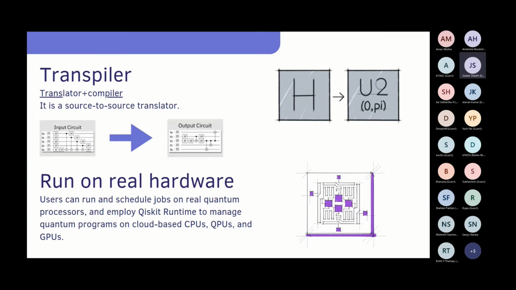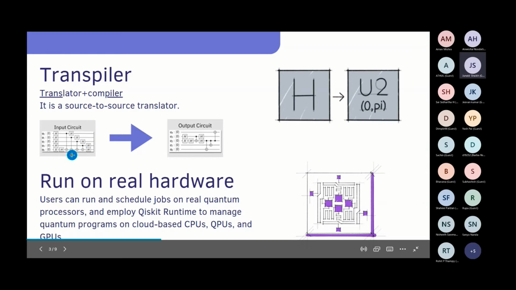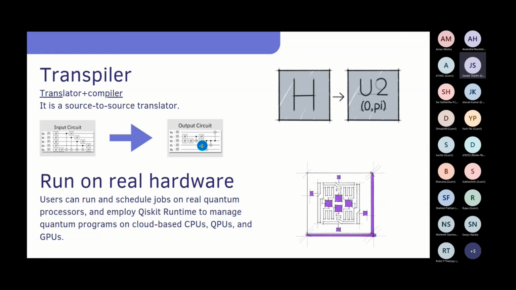This Python code represents the quantum circuit, which then undergoes the transpiler. Transpiler means translator plus compiler, where the circuit which I have created is converted into the same equivalent circuit. There you can see in the picture, the input I have given is this, but the output generated after the transpilation is this, right?